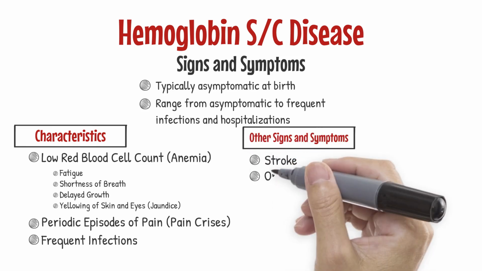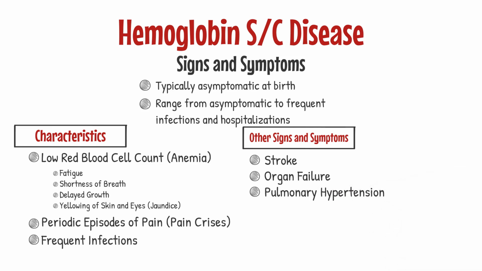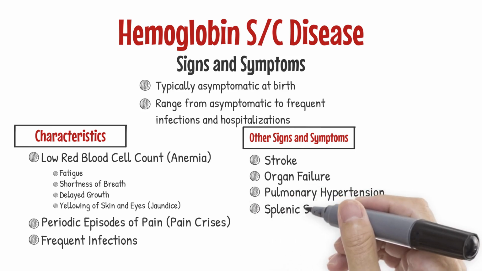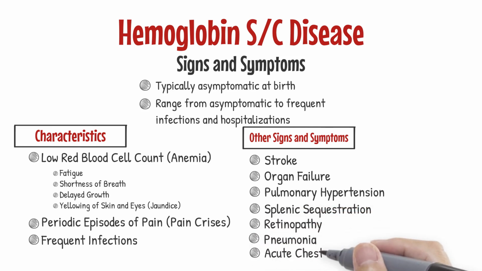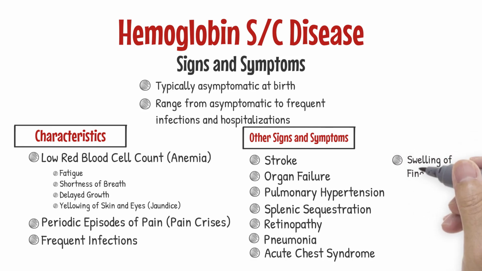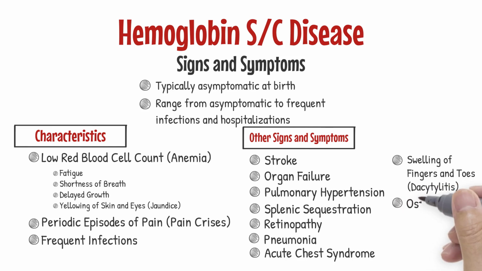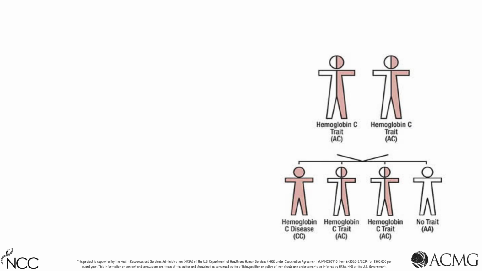Stroke, organ failure, and pulmonary hypertension can also occur. Without proper treatment, additional problems, including splenic sequestration, retinopathy, pneumonia, acute chest syndrome, swelling of the fingers and toes, known as dactylitis, and osteonecrosis can occur.